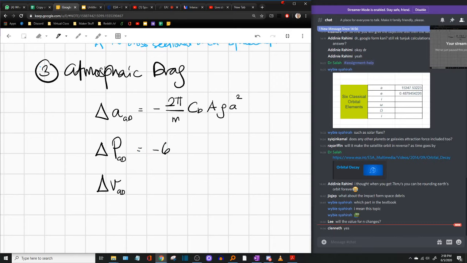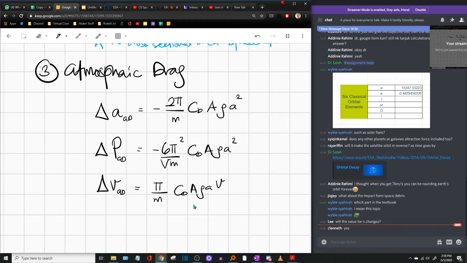And for period, change by this amount, C_D A over V, and V is about pi over M.